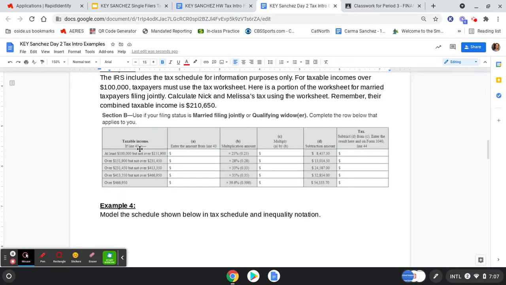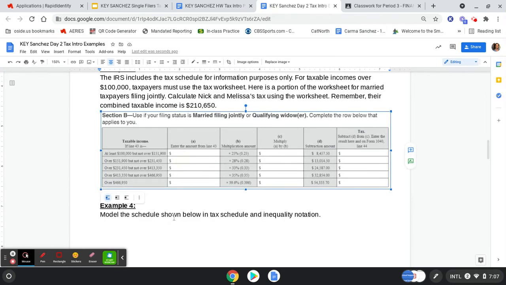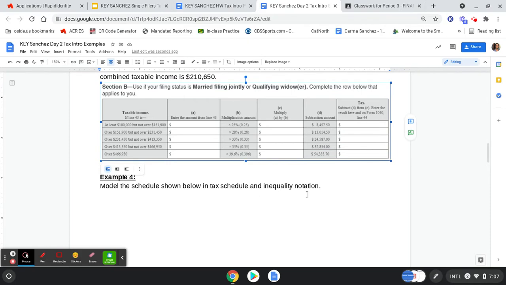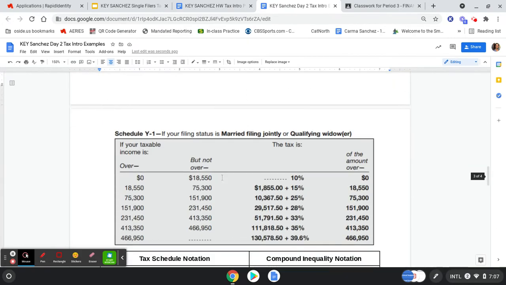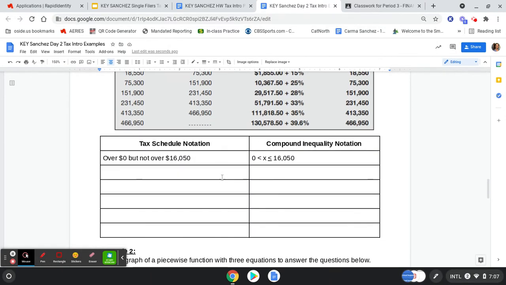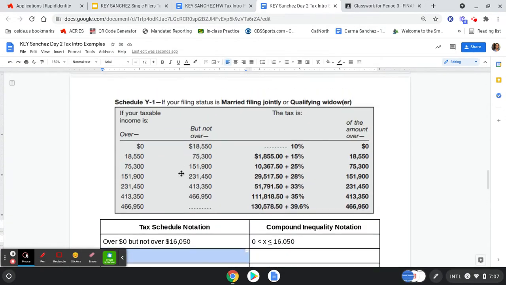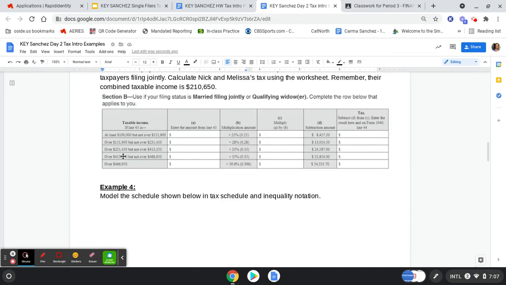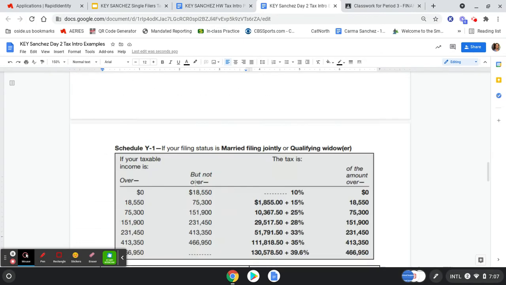Now, if line 43 is 210,650, we're looking to see where that is going to fall. So model the schedule shown in the tax schedule in inequality notation. See how it says at least 100,000 but not over 151?